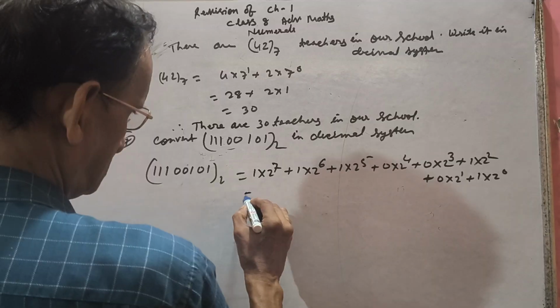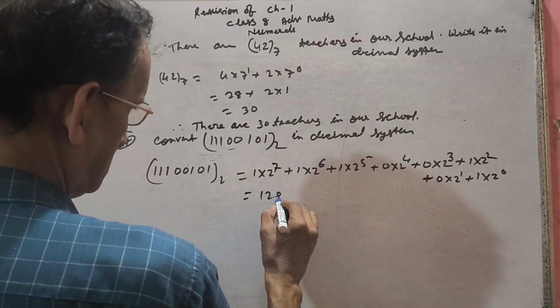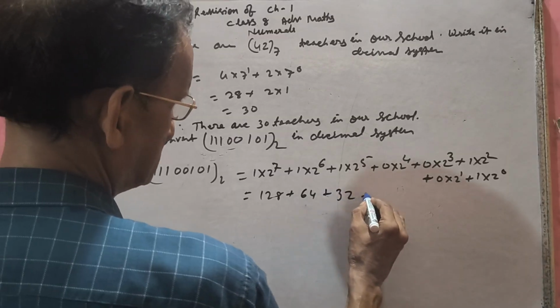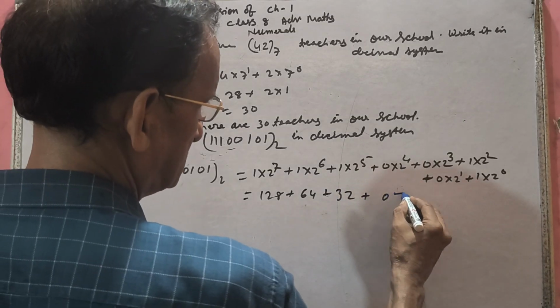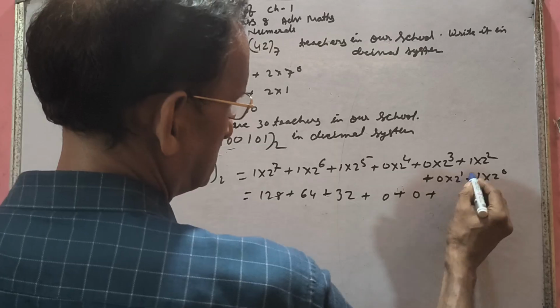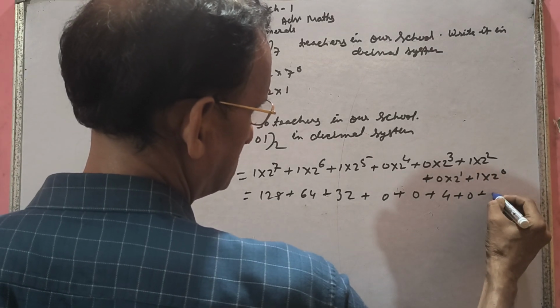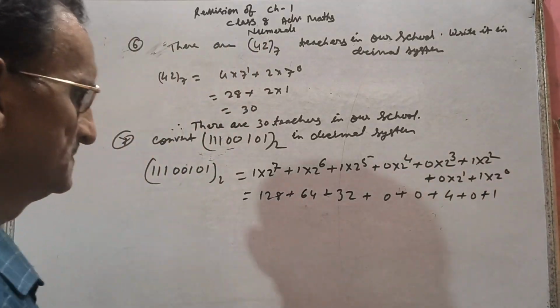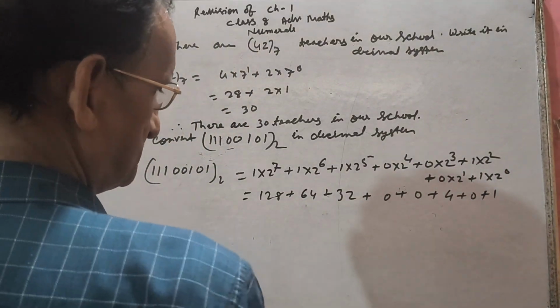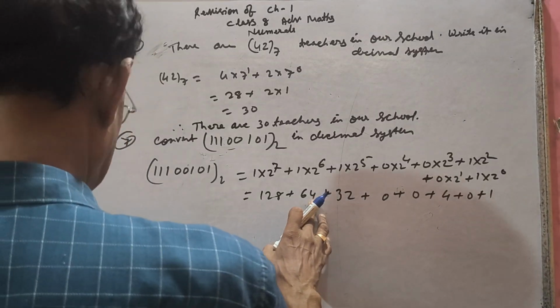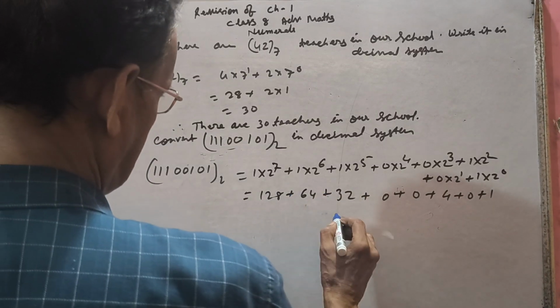So 2 to the power 7 is 128, into 1, 128 only. 2 to the power 6 is 64, 2 to the power 5 is 32. This is obviously 0, 0 into anything is 0. This is also 0. This is 4. This is again 0. This is 1 into 1, 1. Adding up: 128 plus 64 plus 32 plus 4 plus 1.